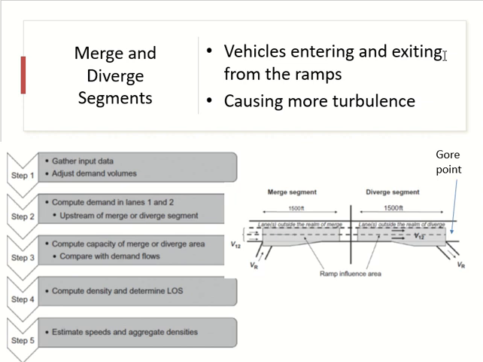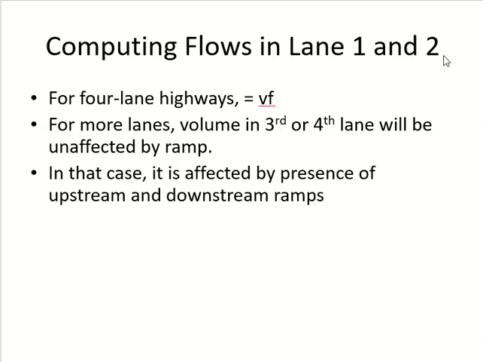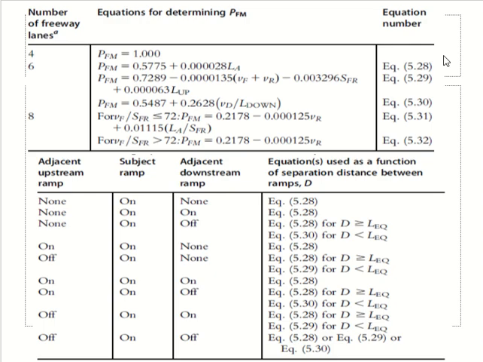And what we have to do is find out the demand volume for the ramp and for the freeway, and then find out how much volume we should expect in the first two lanes, the immediate two lanes. If you have only two lanes, then no problem, the entire volume of the freeway is in those two lanes. But if you have more than two lanes, then we have to look at some conditions.